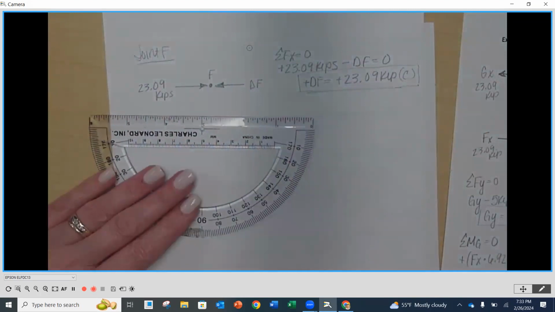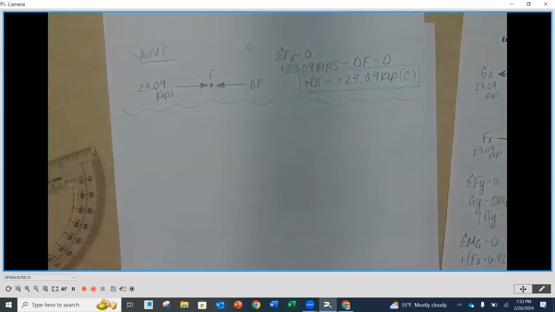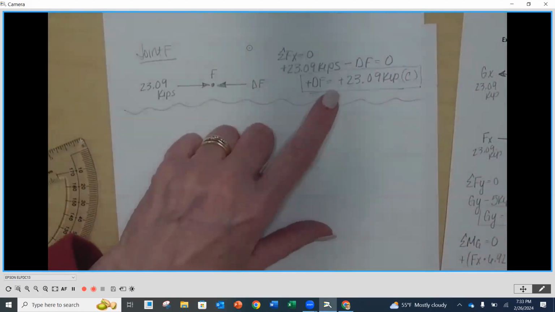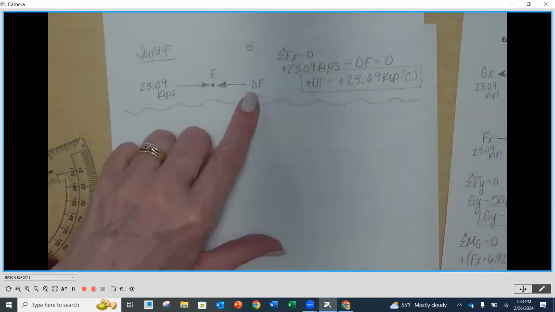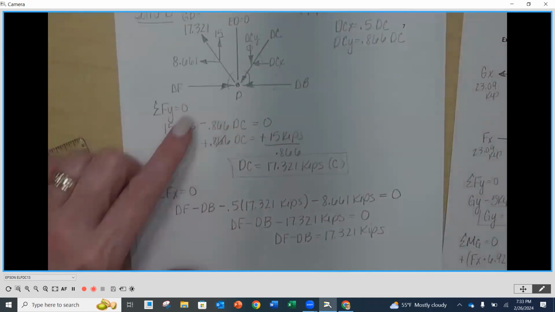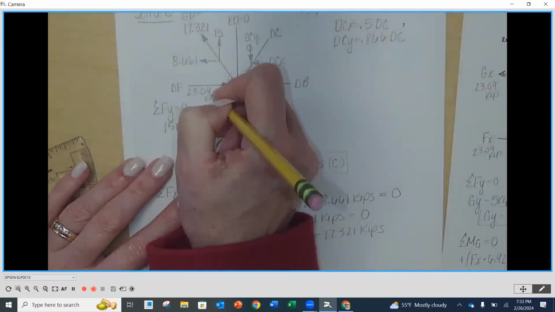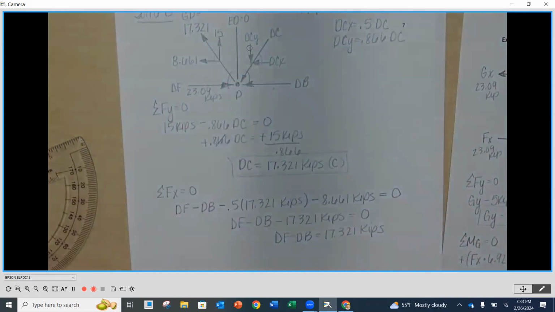Now we know that we can go back to our previous joint, which was joint D, and we can now put DF as a compression member. We did show it in compression, and we know this to be 23.09 kips now. Okay. Now, the good thing is we assumed it going to be in compression, going to the right.